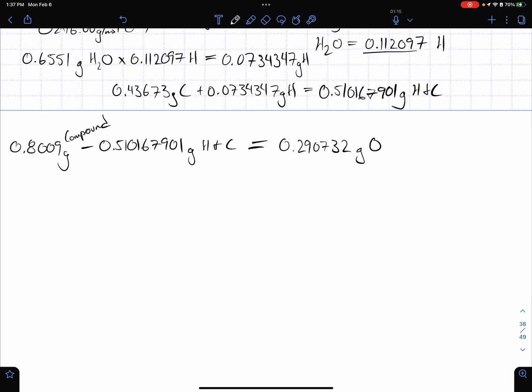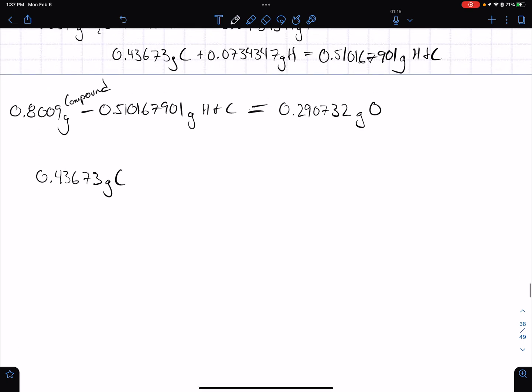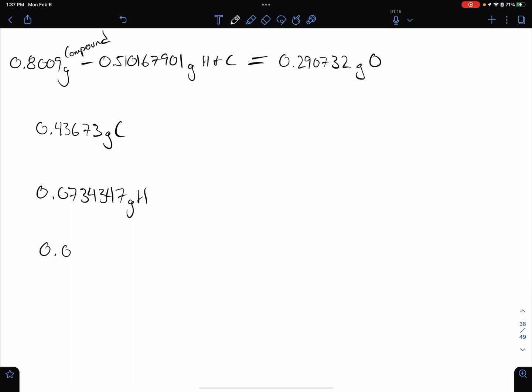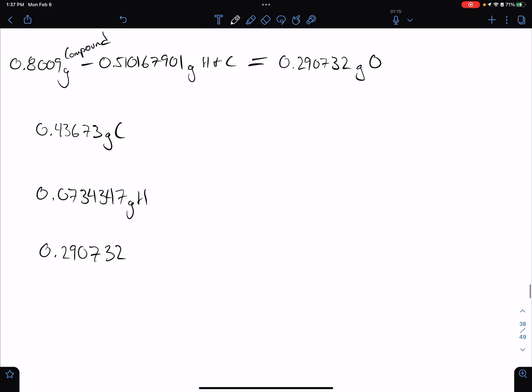And then we can take all of these numbers finally and calculate an empirical formula. So we have 0.290732 grams of oxygen.